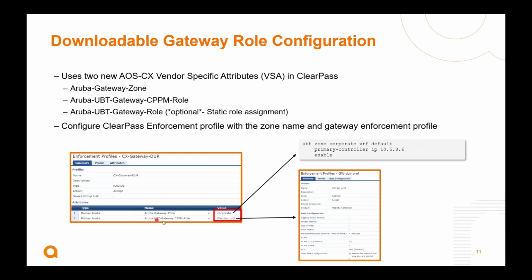And then the UBT Gateway CPPM role VSA indicates the enforcement profile, which is the downloadable role that the gateway will download. And that would look like your standard downloadable role enforcement profile for the gateway. And then you configure your VLAN assignment and your policy as part of that enforcement profile.